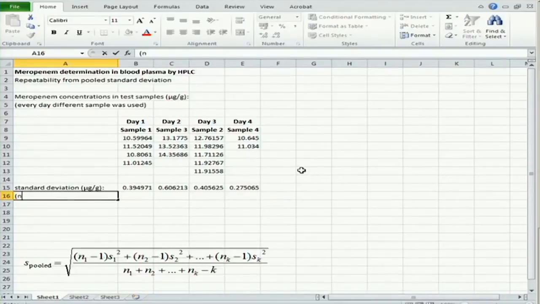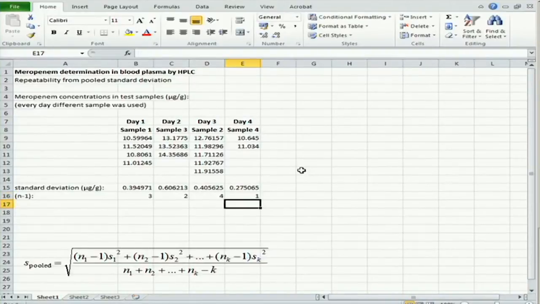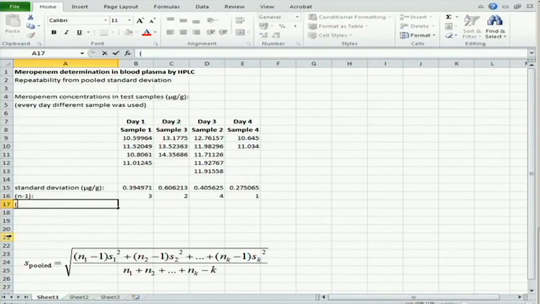Now it's useful to write here the n-1 values. In this case it's 3, in this case it's 2, in this case it's 4, in this case it's 1. And now it's useful to make a row where the n-1 is multiplied by the standard deviation squared. n-1 multiplied by s squared.